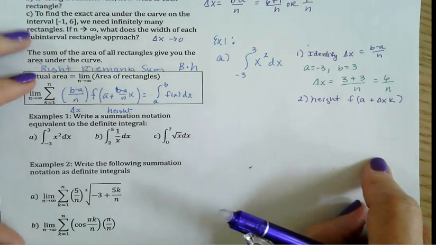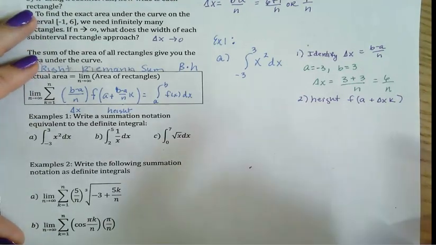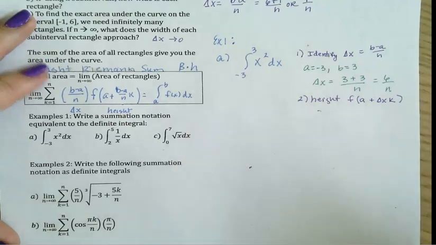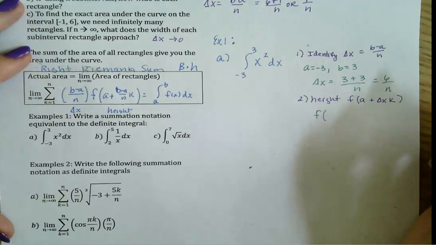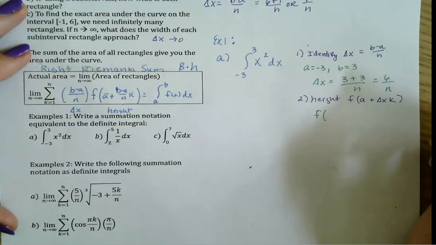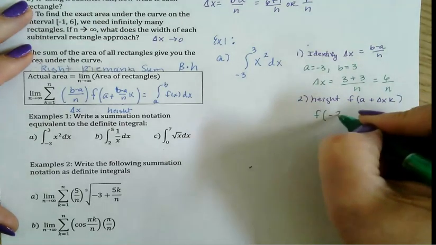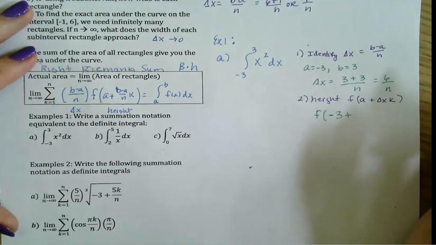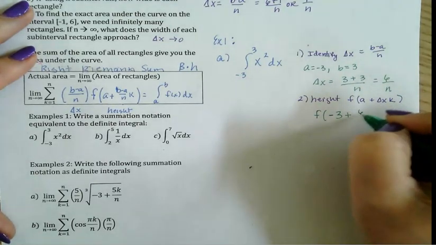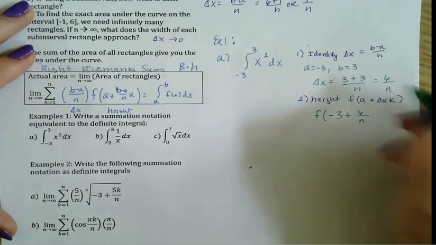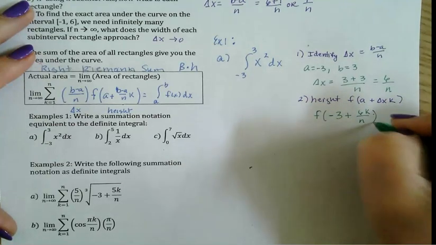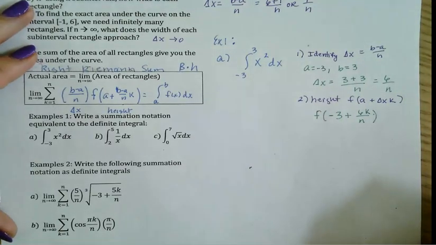So as I move to figuring out what this is, I'm going to have f of, and if I look at this integral, what is my beginning bound? It's going to be -3, good, plus, and then what is my delta x? That's going to be 6 over n, and then we have to multiply that by k. You can either multiply it back here, or you can put it on top to get the height.